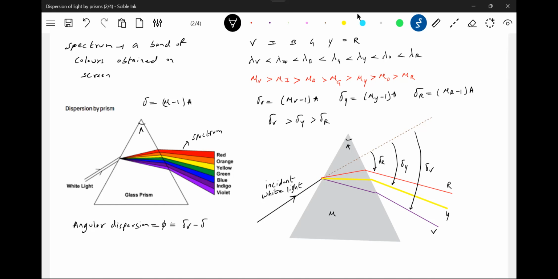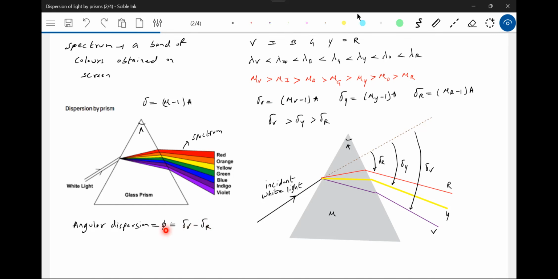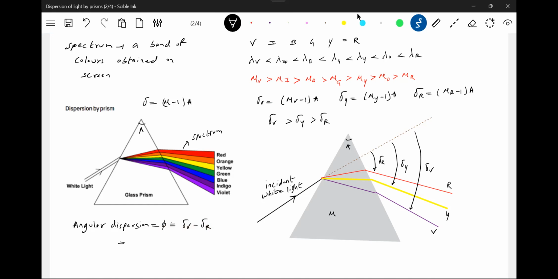The difference in deviation suffered by the violet color ray of light and the red color ray is what we'll call angular dispersion. So this will become (mu v minus 1) A minus (mu r minus 1) A, that is, (mu v minus mu r) A. So this will be the dispersion.